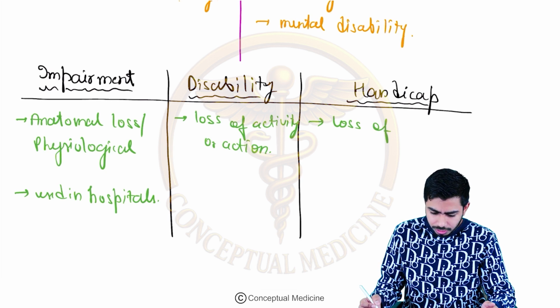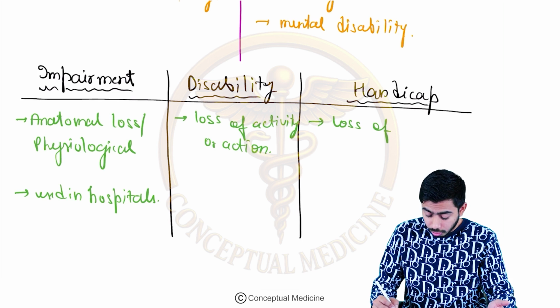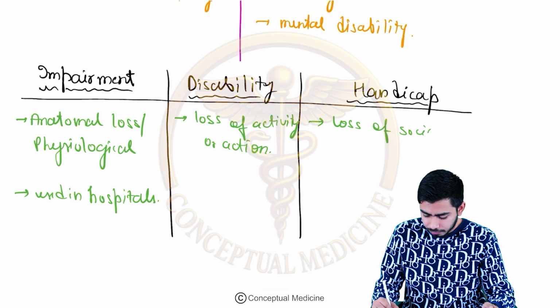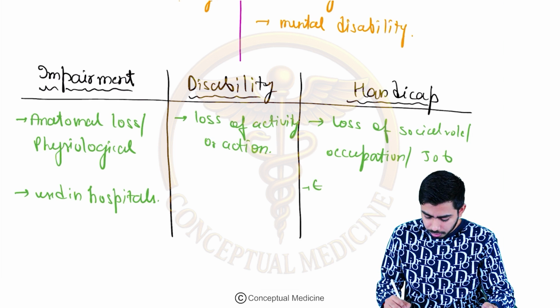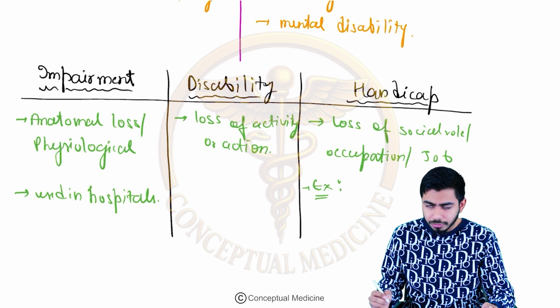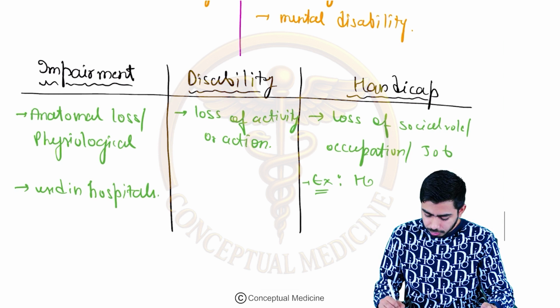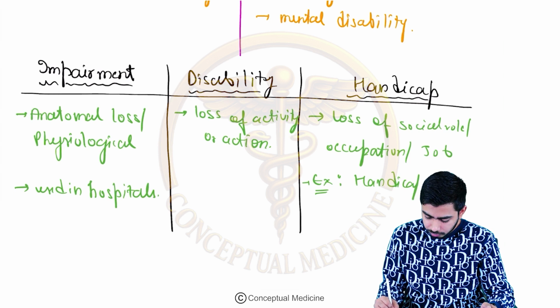So here I can say in the handicap, there is the loss of social role, or the loss of occupation, or the loss of job, right? Here I shall talk about the example, which is your handicap quota.